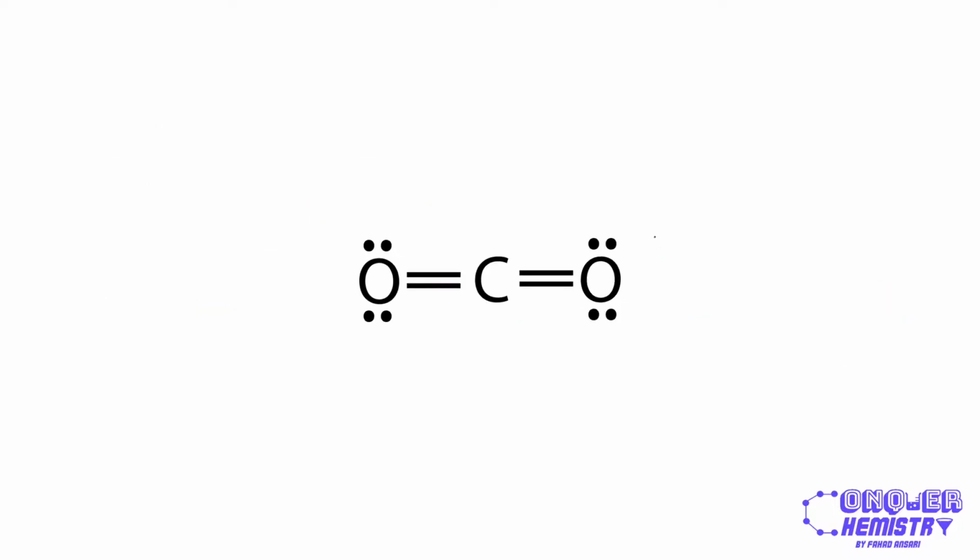So the first case is of carbon dioxide. Over here, the center atom is this guy over here. The carbon atom is bonded to two oxygen atoms, and we have two bonds around the center atom, one double bond over here and one double bond over here. So these two bonds are going to repel each other, right?